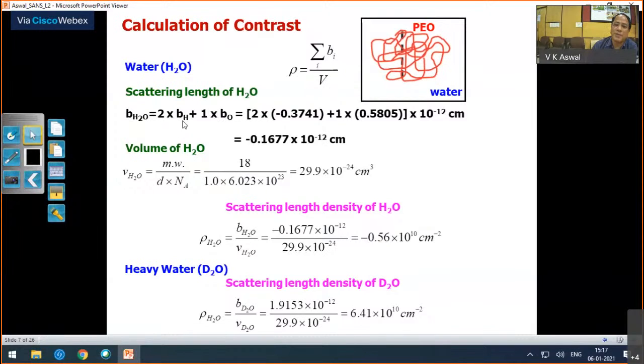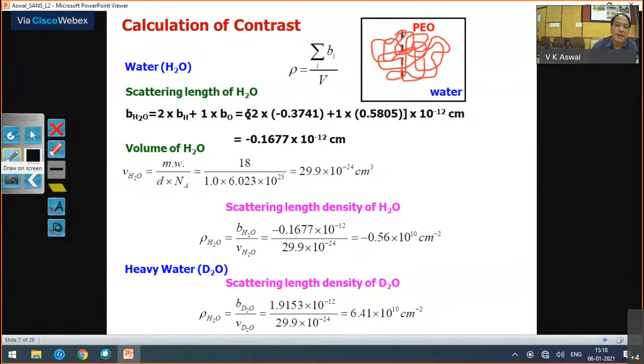And all this is available on the website to know the scattering lengths of hydrogen plus scattering length of oxygen, and then if you put in the values, you get this one.